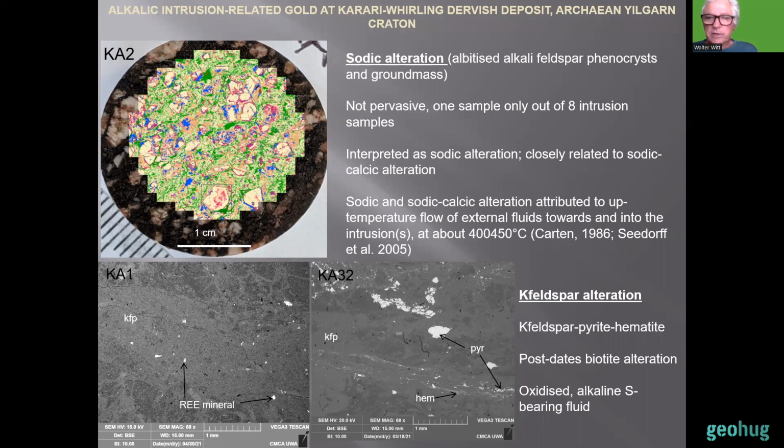K-feldspar alteration is developed in a very minor sense in some of the intrusions, but is nevertheless significant because this K-feldspar, pyrite, hematite assemblage that we see in the backscattered electron images is equivalent to the proximal hydrothermal alteration associated with gold in the country rocks around the intrusion.